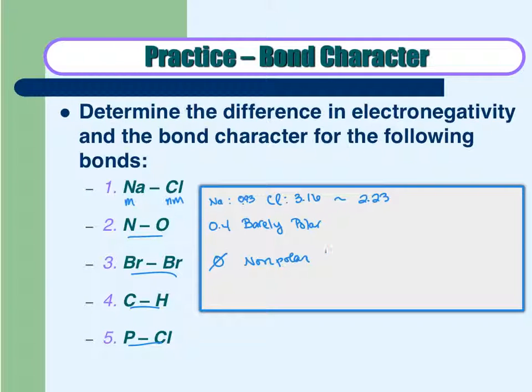So it's just a nonpolar covalent. Sorry, I forgot that word. Carbon and hydrogen, the difference is 0.35. That gets me another nonpolar covalent. And between phosphorus and chlorine is 0.97, which is a polar covalent bond. If you got those right, good job.